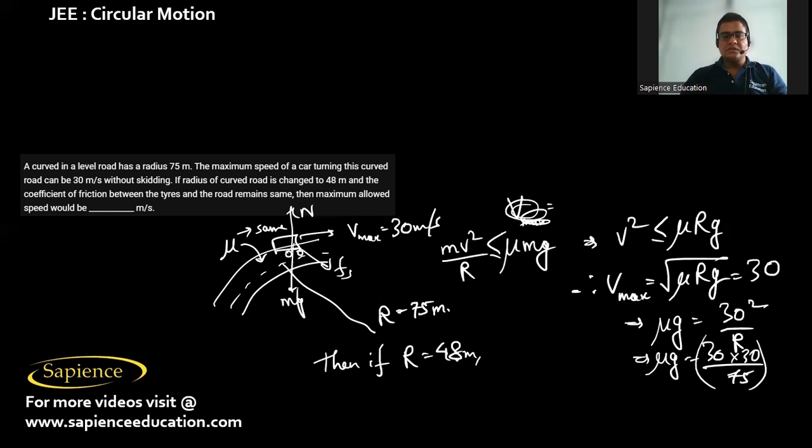And if the radius of the curved road is 48 meters, and the coefficient of friction mu remains the same between the tires and the road, then the maximum allowed speed would be equal to the square root of mu g into the radius, r dash actually.